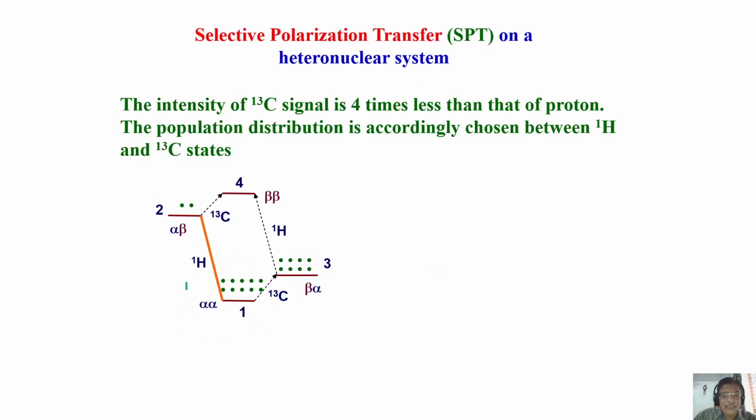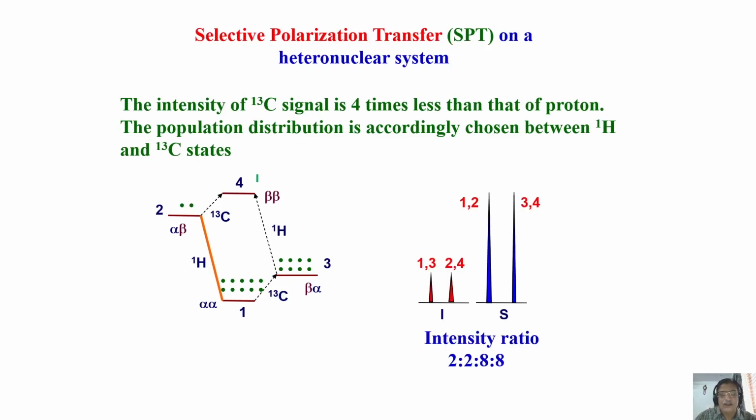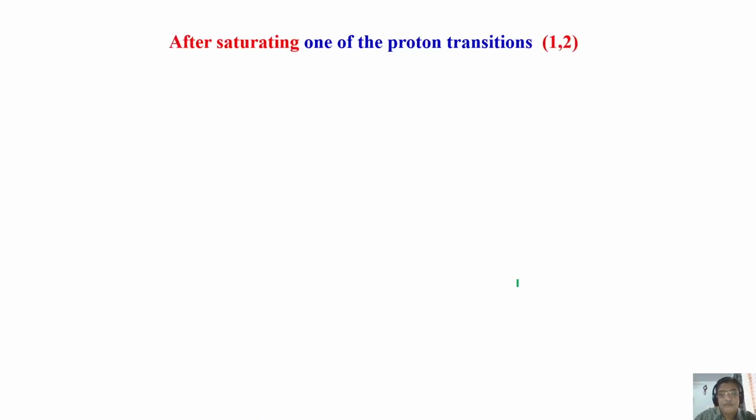For the purpose of understanding, we took 10 spins, 2, 8 and 0, 0, so that the intensity ratio for 2 proton signals and 2 carbon signals in the doublet pattern remains 2:2, 8:8, because the carbon is much smaller compared to proton, 4 times smaller. That's why that population ratio was chosen.